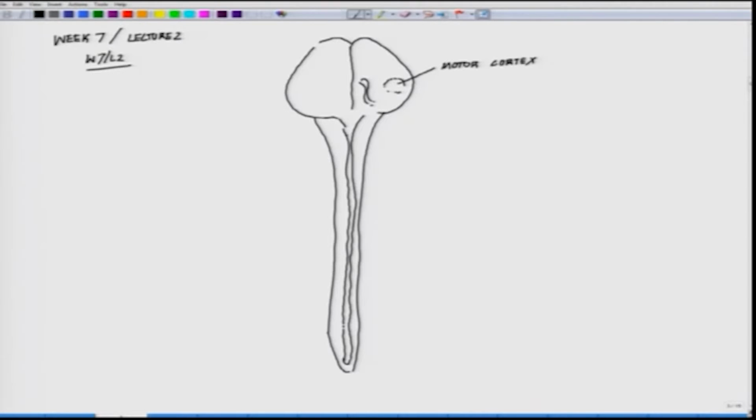So the way your movement occurs is this. There is some kind of information which goes, for example when you have to pick up a glass or something, the information travels all the way to the motor cortex like this.